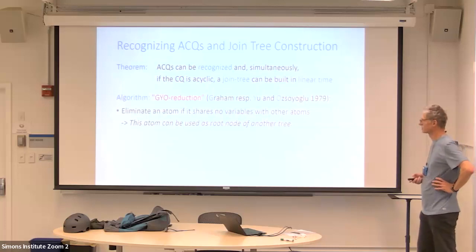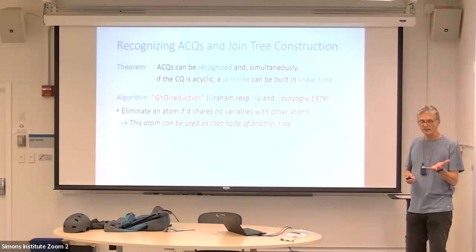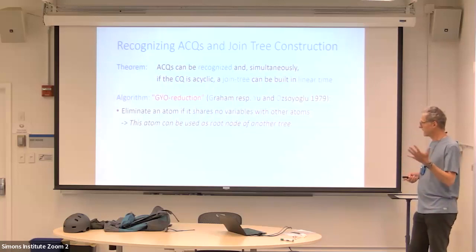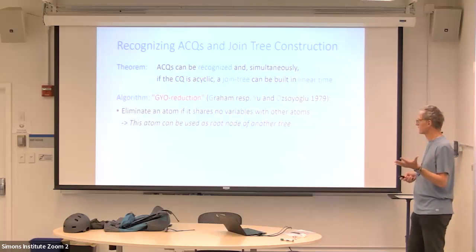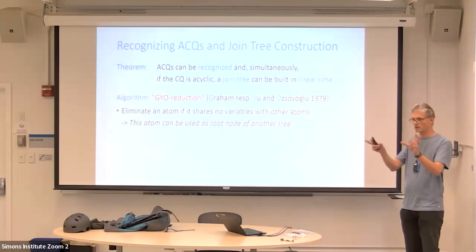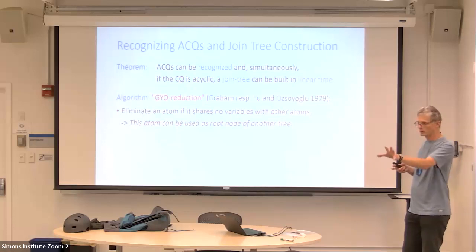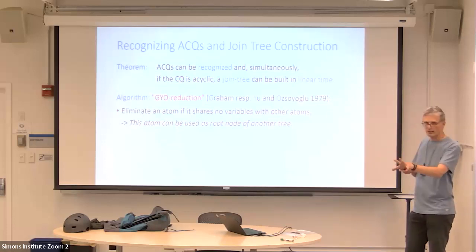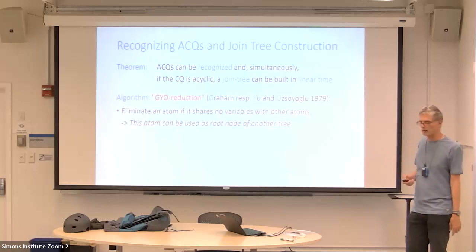First of all, if an atom shares no variables at all with another atom, then we can delete it. What does this mean for the construction of the join tree? This atom can either be used as root node of yet another tree, so that we actually construct a join forest, not a join tree, or alternatively, you can put this node anywhere in the tree because it can never violate the connectedness condition if it shares no variables with the others.